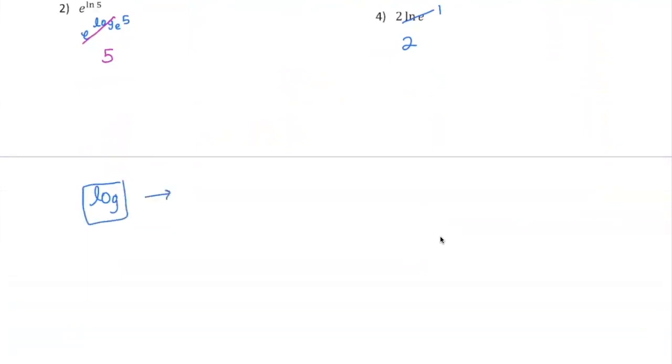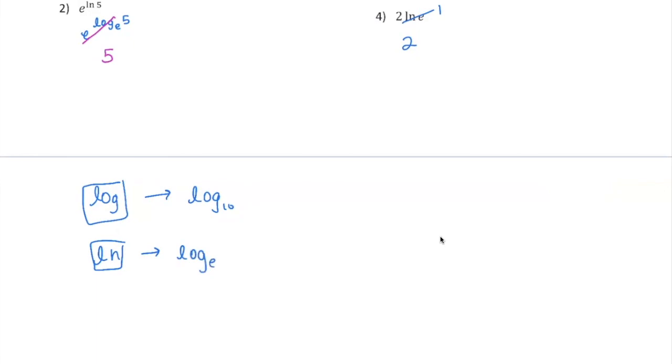And remember, this means that your log is only of base 10. So if we ever have log just by itself, that indicates that the log base is 10. And then you might have a natural log button, and we know that that just means that you have a log base e.